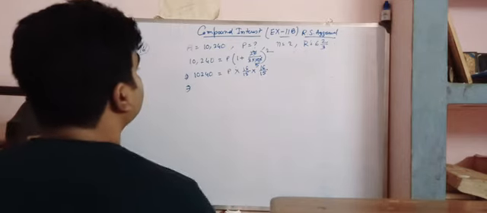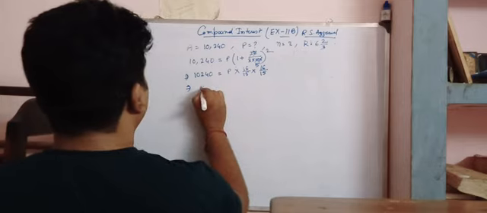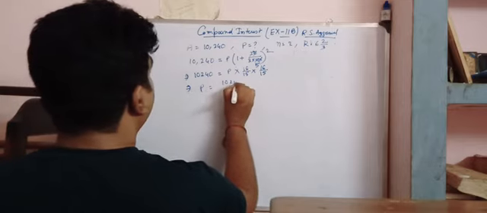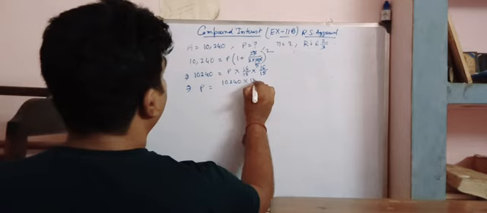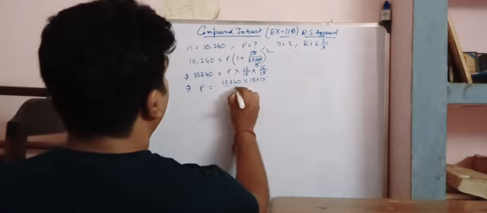So P is equal to 10,240 into 15 into 15 by 16 into 16.